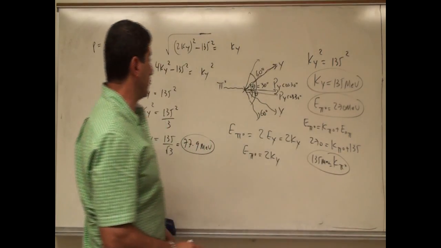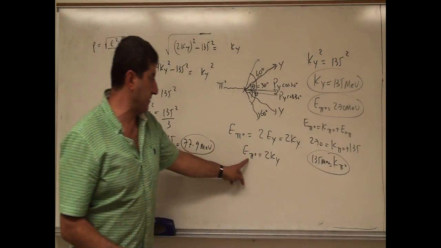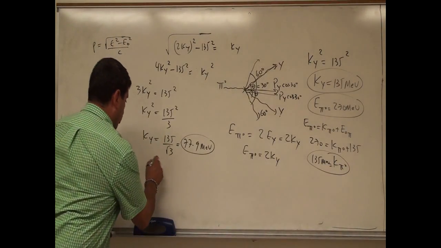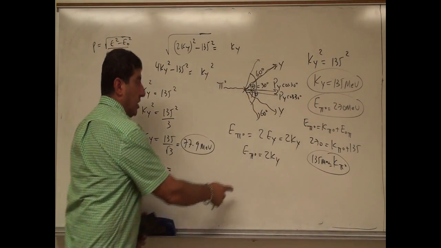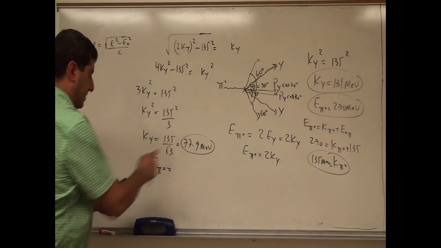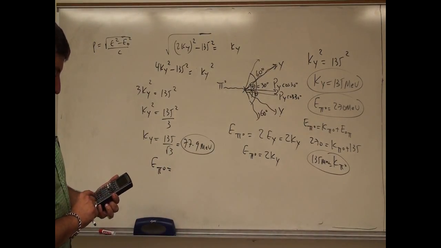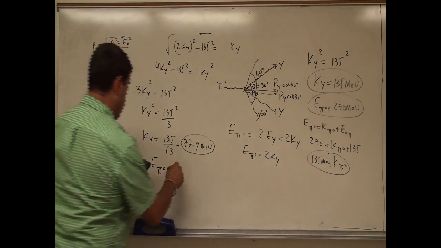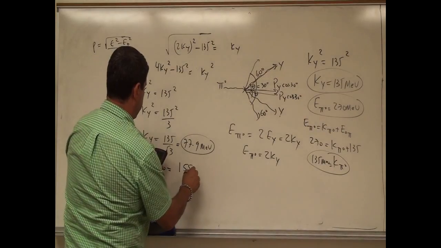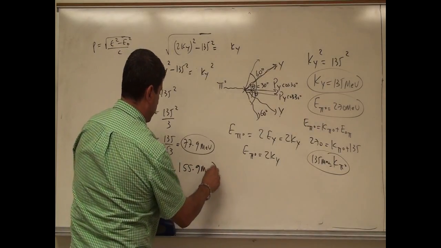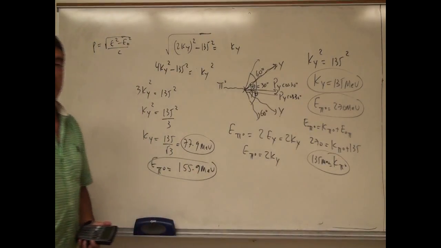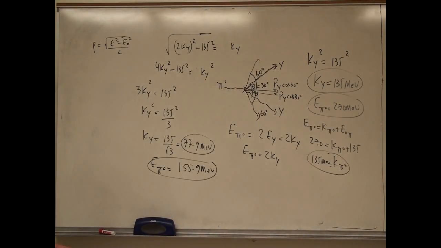So then what's going to be the energy of the pion? The total energy of the pion is going to be twice the kinetic energy. So multiply this by 2. So that's going to be 155.9 mega electron volts. Okay? Then what's going to be the kinetic energy of the pion?